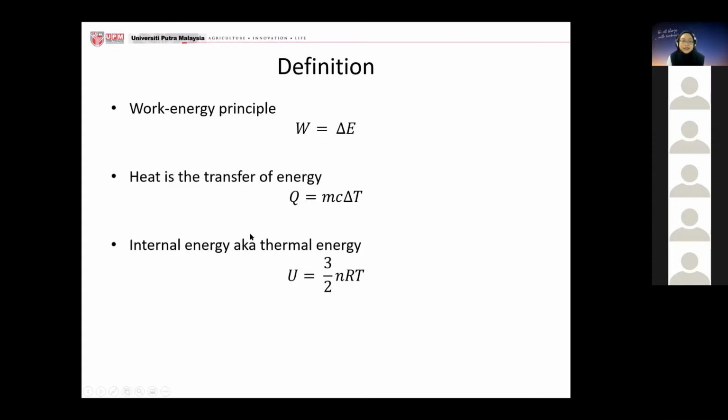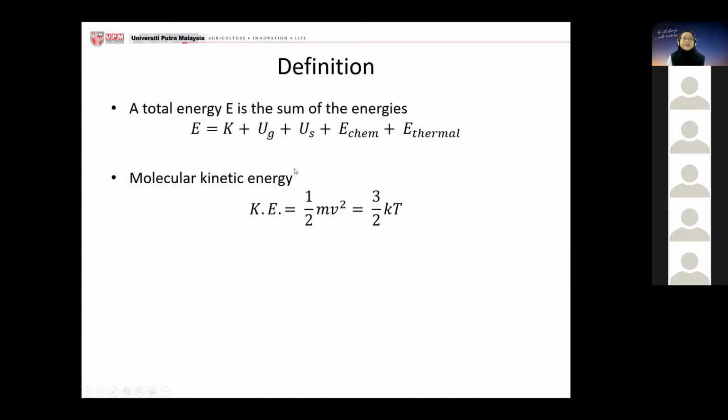Then internal energy, aka thermal energy. The total energy is the sum of the energies, which we touched upon last week as well. And lastly, the molecular kinetic energy. These are all equations. They may or may not be used later on, but it's good if you can understand the principles of them.